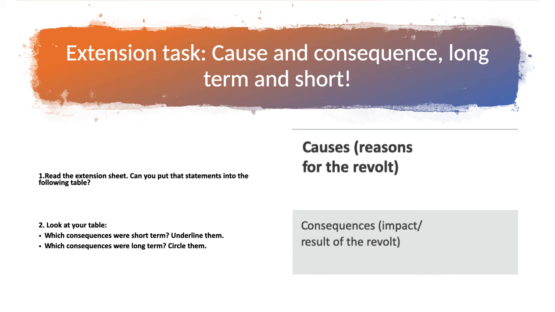Once you finish that, your last task for today, you're going to look at your table and think about which consequences were short term, haven't been going on for very long, and you're going to underline them. Then you're going to think about which ones are long term, are going to last a long time, and you're going to circle them. And that is your work for this week, our first lesson, Year 7, on the Peasants' Revolt.